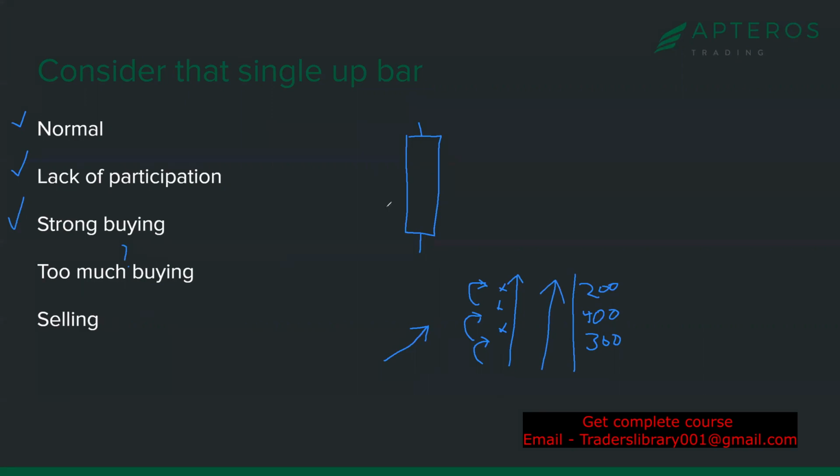Too much buying. Okay, so for a particular sized up bar, I know we don't have any relativity here, but for normal rhythm and volatility, you gain a sense of relativity with bar size, what's big, what's small.